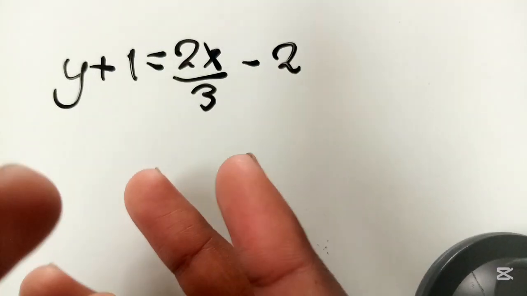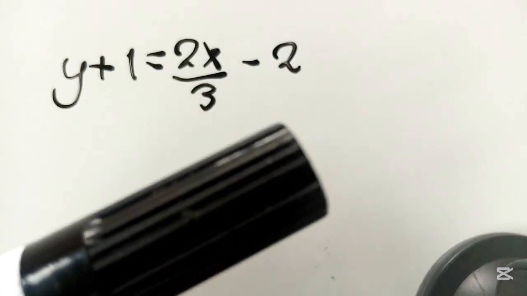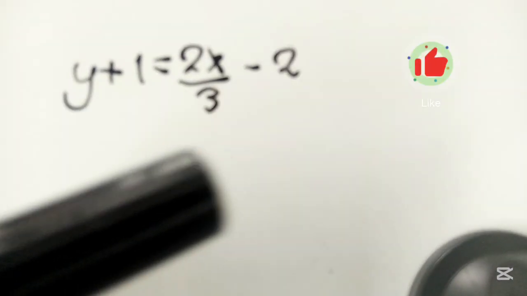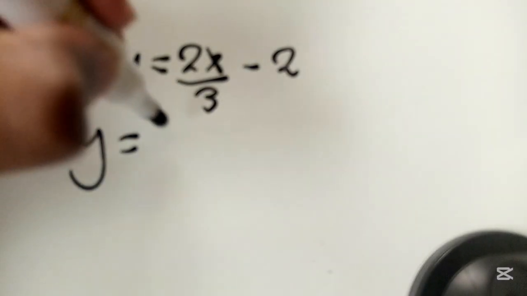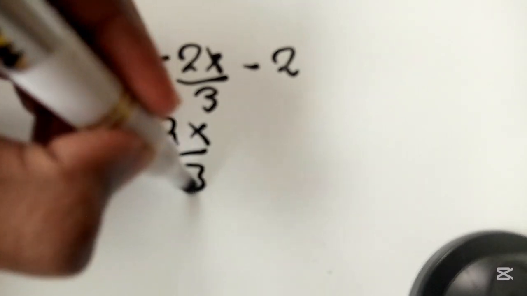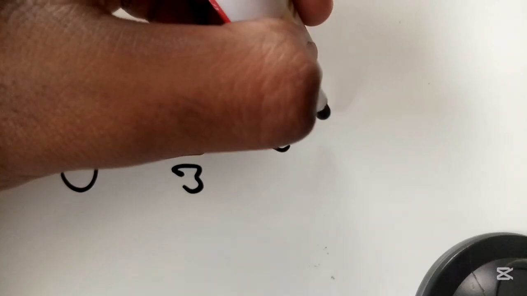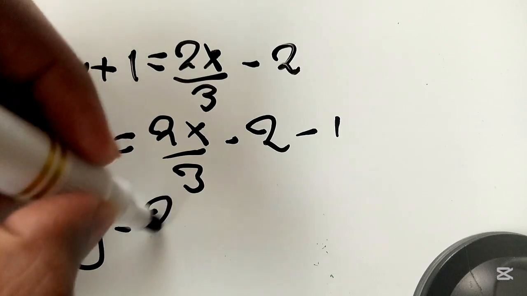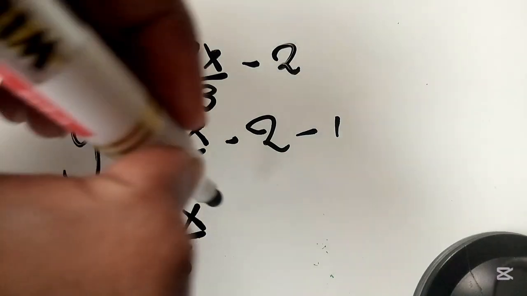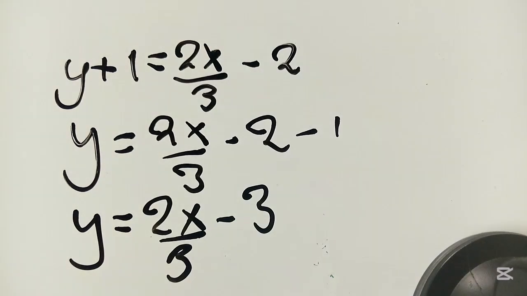So I stated that in the previous video on the gradient intercept method. So now we're going to say y is equal to 2x over 3 minus 2, and this plus 1 will become minus 1. And then we're going to have y is equal to 2x over 3 minus 3.